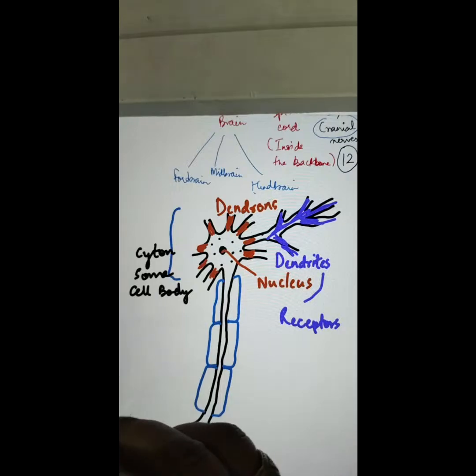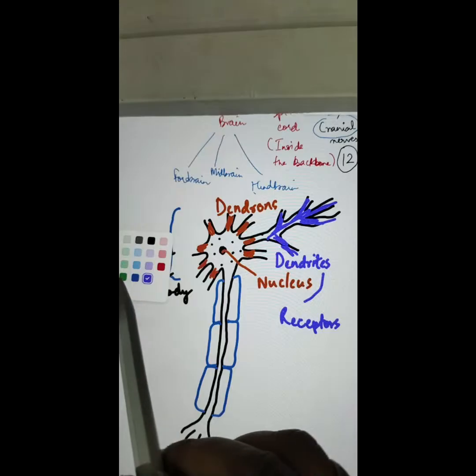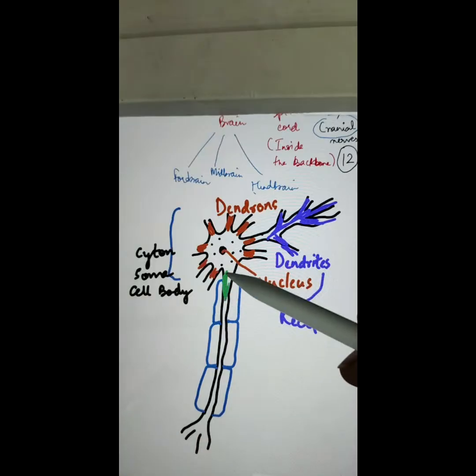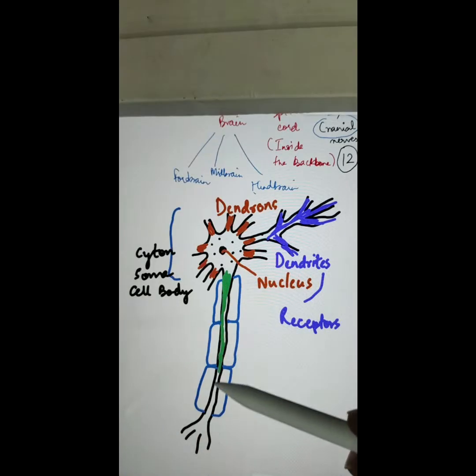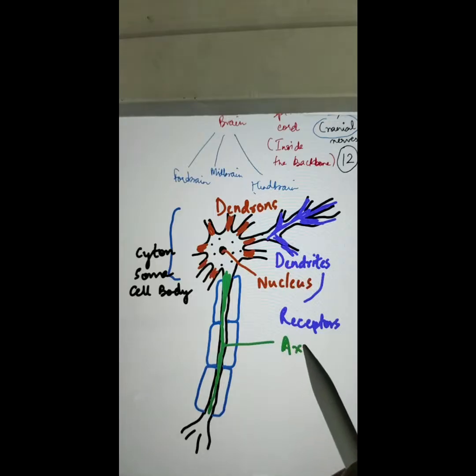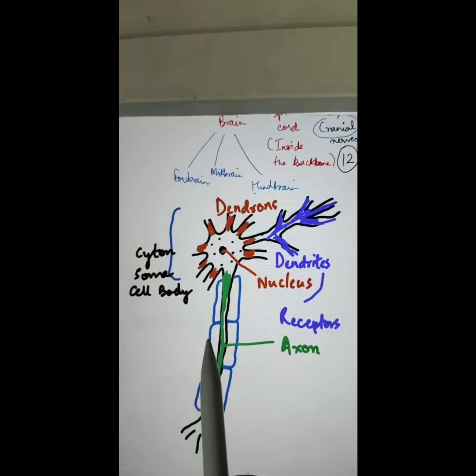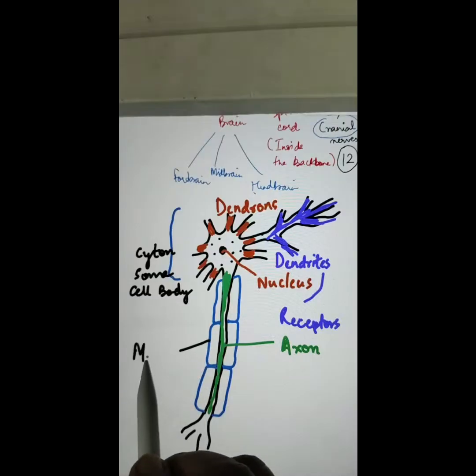Now, if you see this part, I'm just coloring it, this cylindrical structure is known as the axon. This is a long cylindrical structure, and on the outside it is covered by a layer which is known as the myelin sheath.